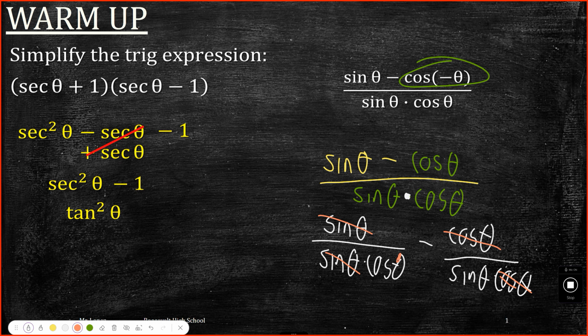Since these cancel, we have 1 over cosine theta. 1 over cosine theta is what? Secant theta. And then minus 1 over sine theta is what? Cosecant theta.